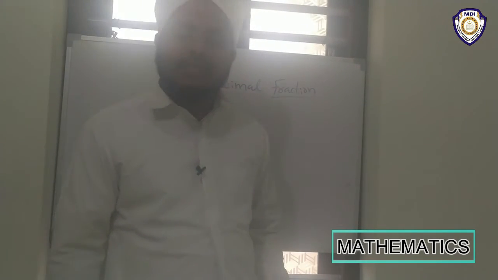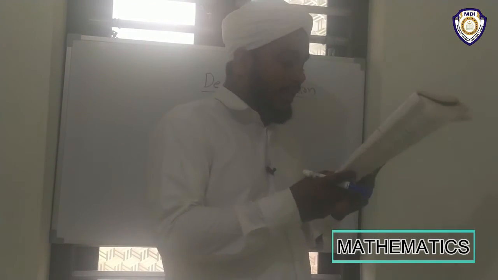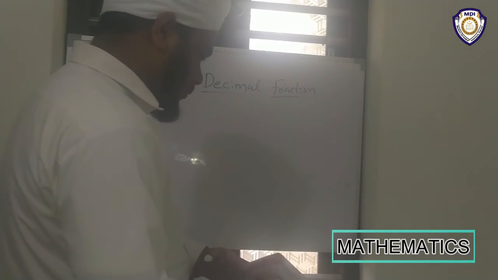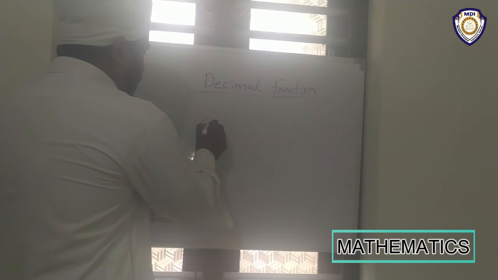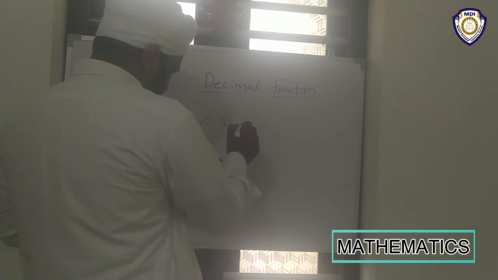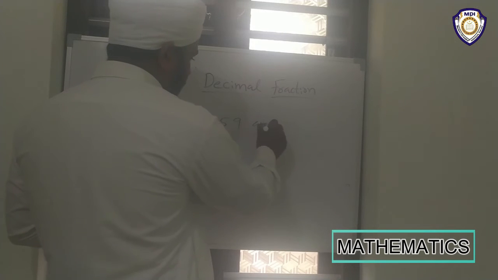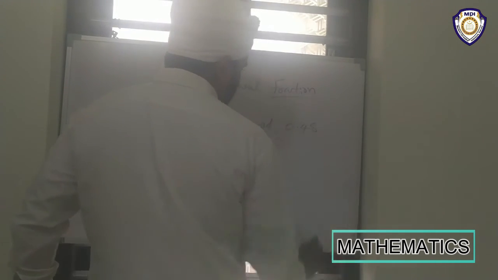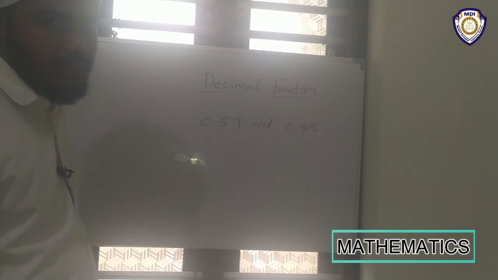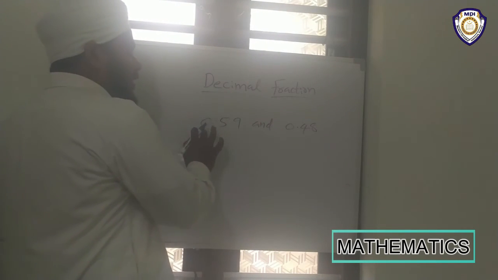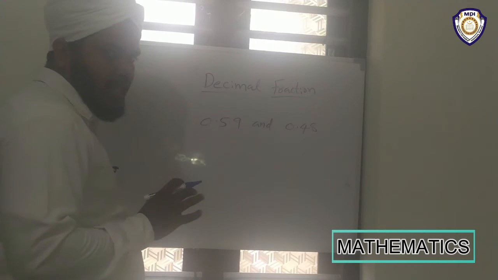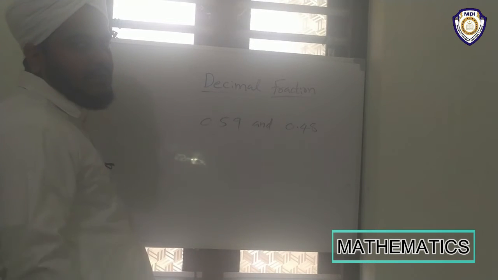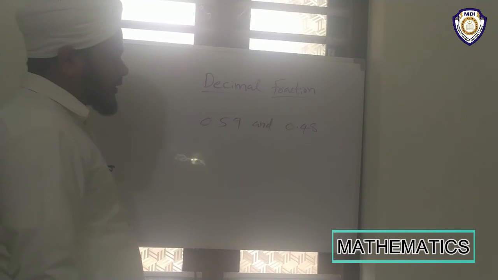Okay, very simple. There is an example. 0.59 and 0.48. Compare. How can you compare? First, if there is a whole number part, then compare the whole number part as we studied in previous classes.